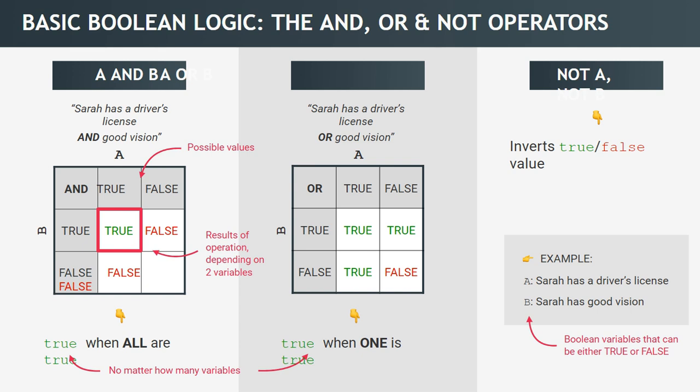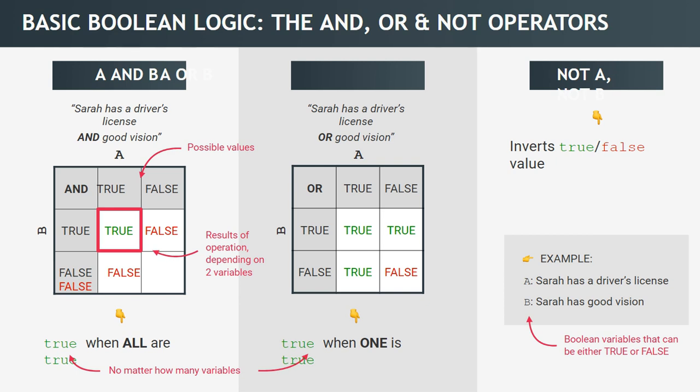Now, OR is only telling you that one must be met. So Sarah may have a good vision, and she's allowed to drive. She doesn't necessarily need to have a driving license. So when you use OR, either one of the conditions must be met.